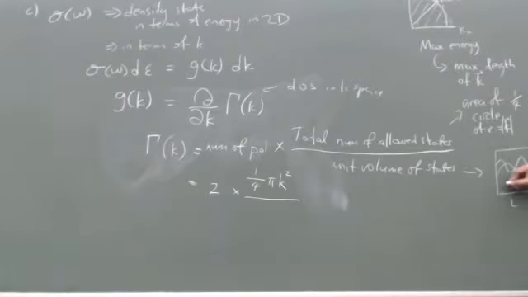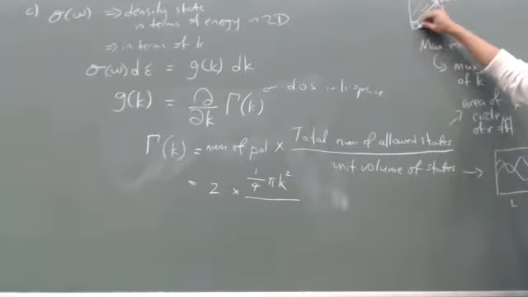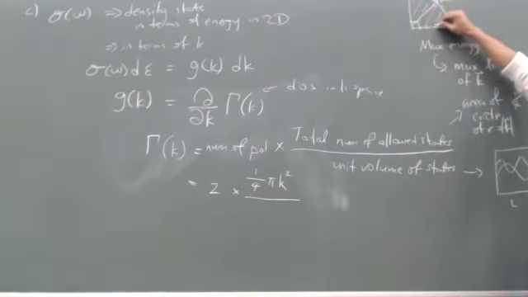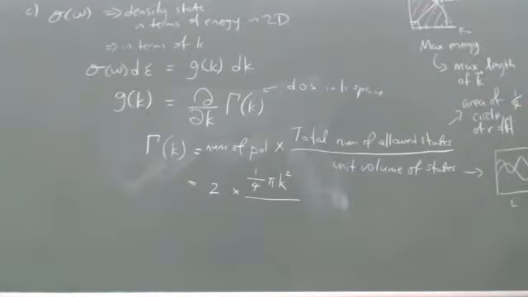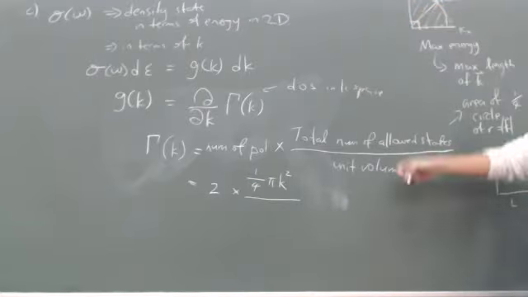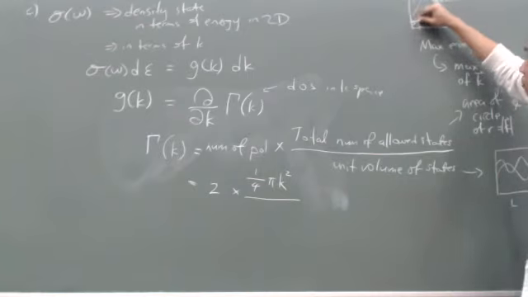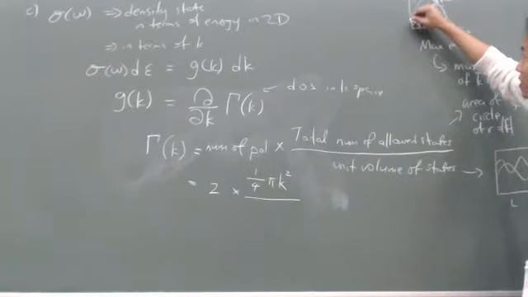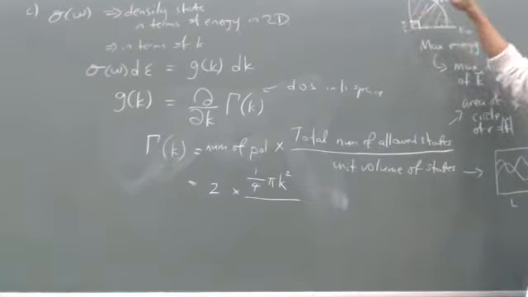So your smallest K space increment that you can take, which is quantized quantum mechanically, is pi on L. So the smallest unit volume, or unit area in this 2D case, is a small box in your K space with side length pi divided by L, where L is the length of the physical box.